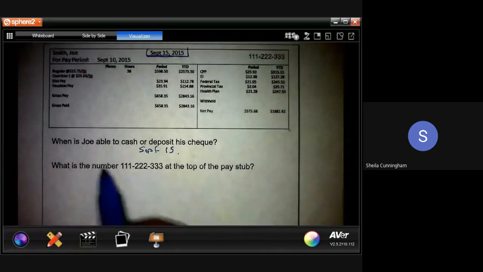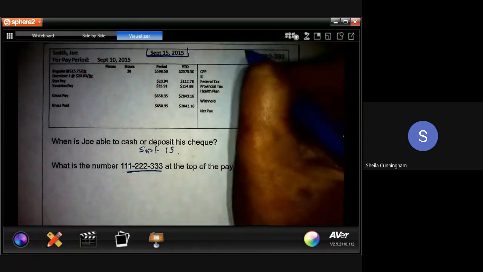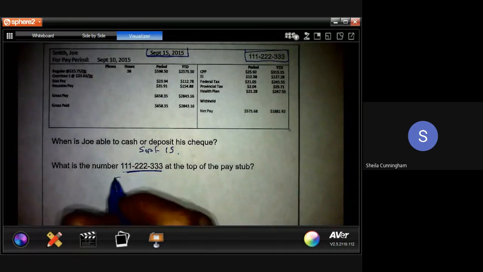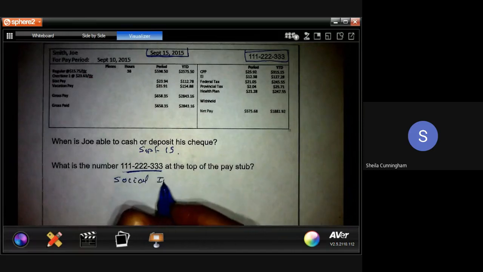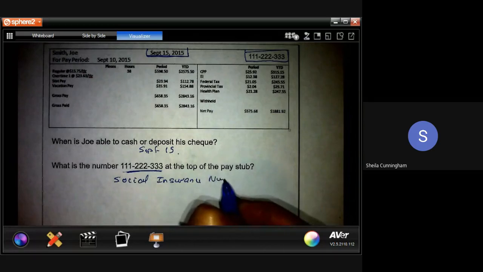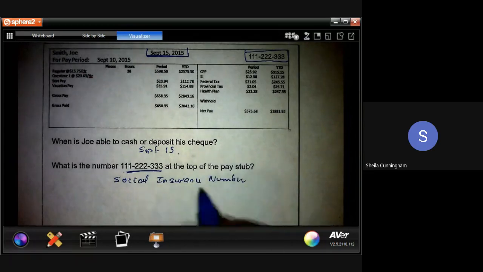The last piece we can look at is, what is this number that is showing up here on your pay stub? That number is what we call a social insurance number. In order to get a job, you need to have a social insurance number.